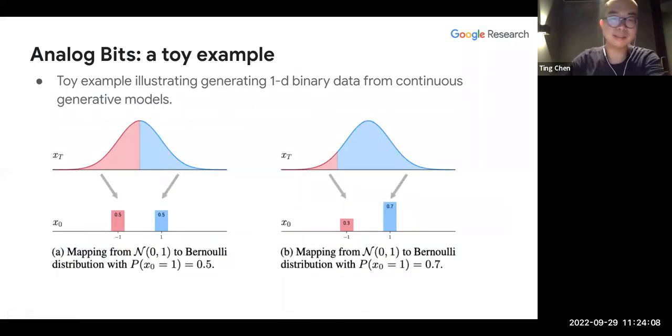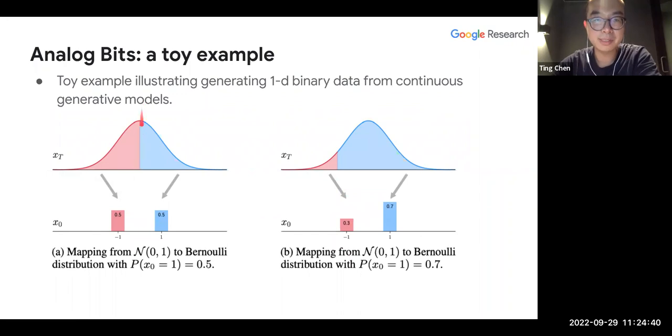Now you might think this is interesting, but why would it work? Because the underlying data is discrete, you try to model it, but now you have a continuous distribution. So let me give you an example to maybe facilitate some intuition. You have a continuous 1D distribution, like a Gaussian here. Now, let's say you want to generate a Bernoulli distribution, some 1D binary data.